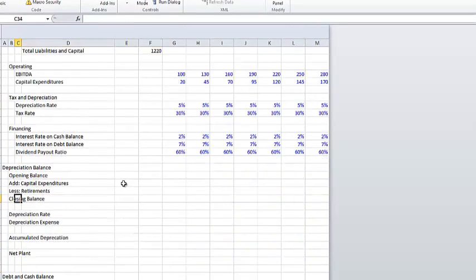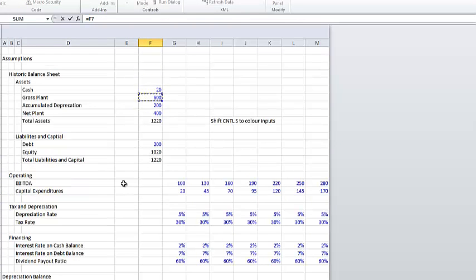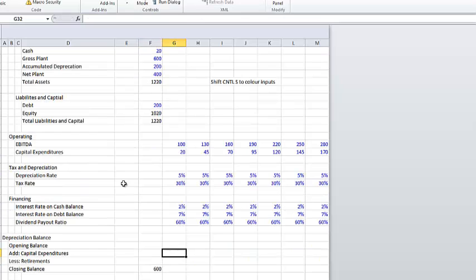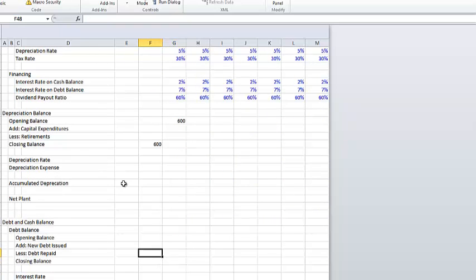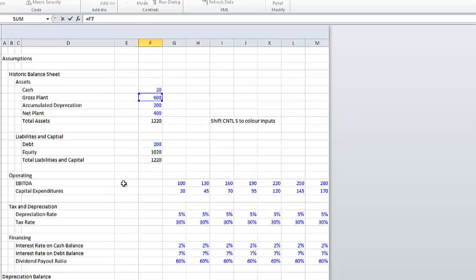So here's the basic thing about a corporate model. All of the starting balances of our gross plant, the closing balance always comes from the balance sheet. If we go to the debt balance, the closing balance comes from the balance sheet.